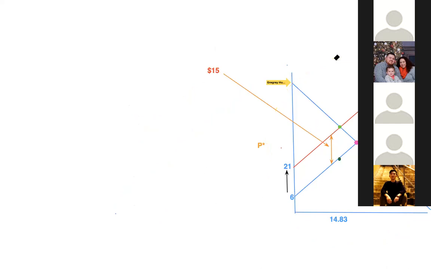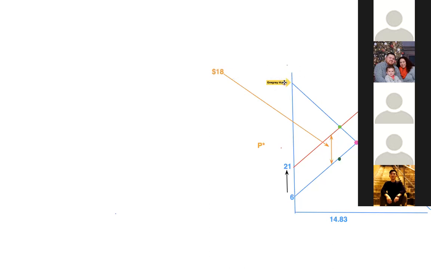And I'll dump that. So our tax is supposed to be how much? 18. Yeah, so I'm just going to make this. Okay, so that's 18. That's the distance there.